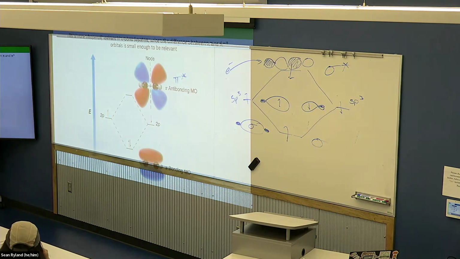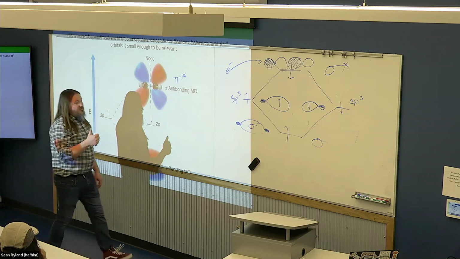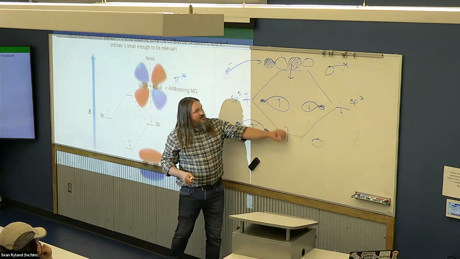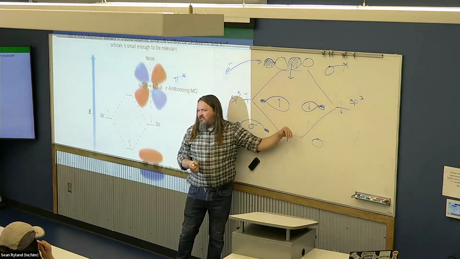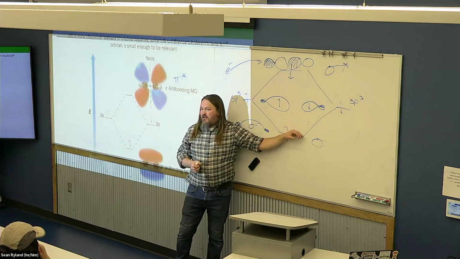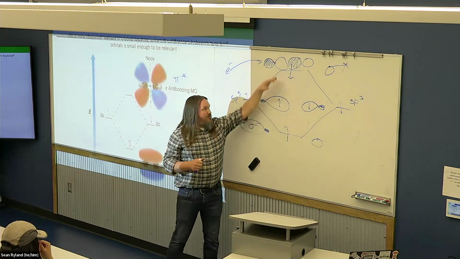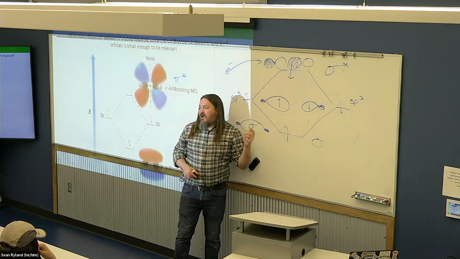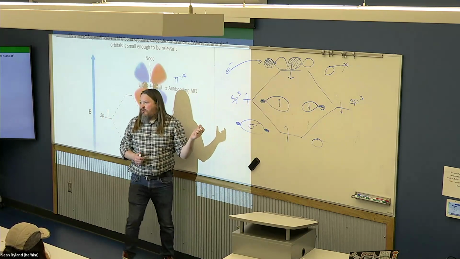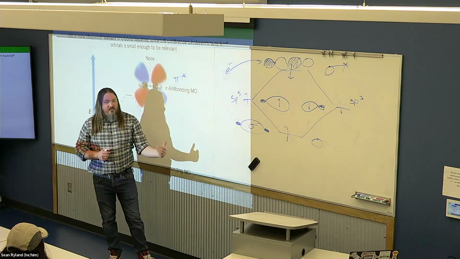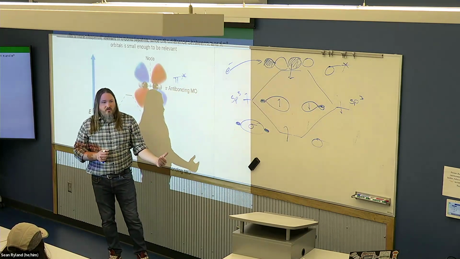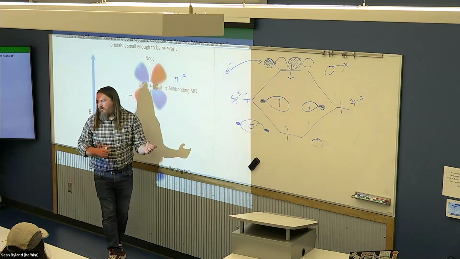So in terms of halogens and oxygen, this gap between sigma and sigma star is low enough that UV light can break it apart. With carbon-carbon bonds, the gap between these is much higher. That's why if you just shine UV light on carbon molecules, you don't see free radical reactions happening.